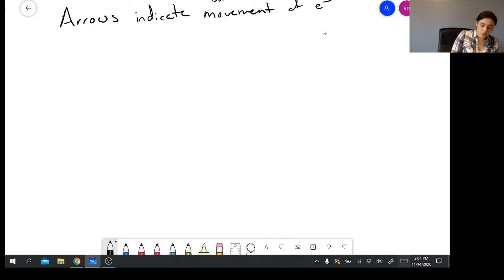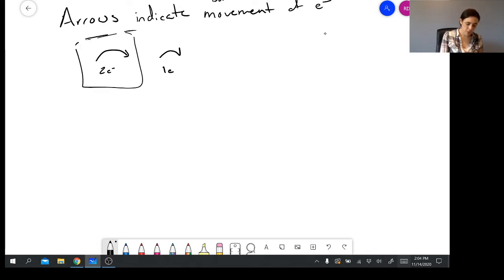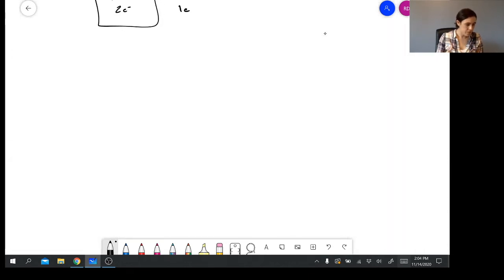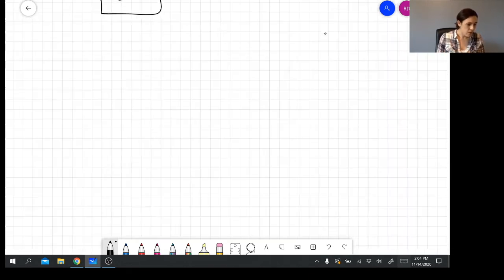So remember, we've already seen these arrows before. Now we're going to focus primarily in this video on 2 electron processes. We'll talk about 1 electron when we get to radical chemistry. They don't necessarily follow all of the same rules of nucleophiles and electrophiles, but we'll get there.